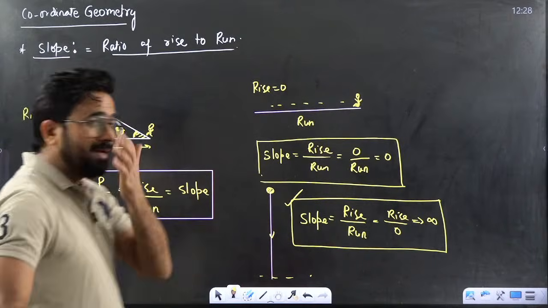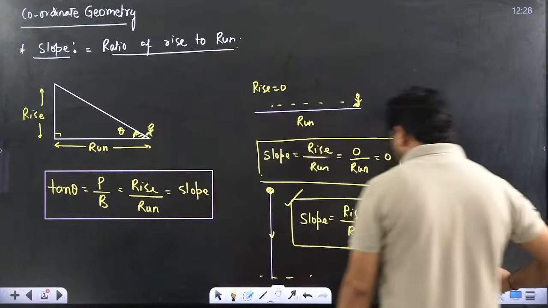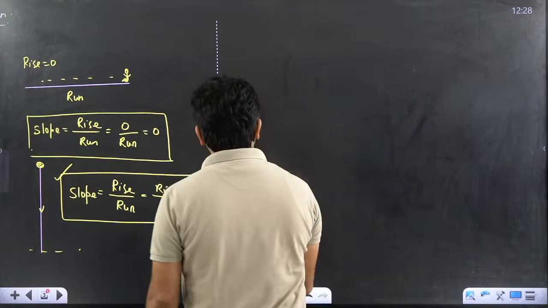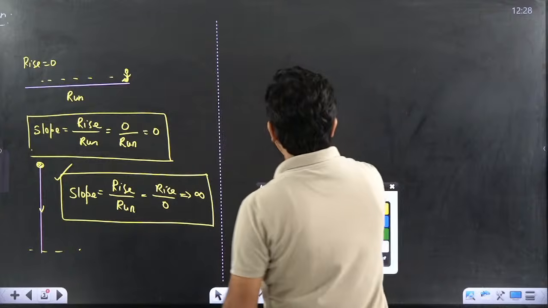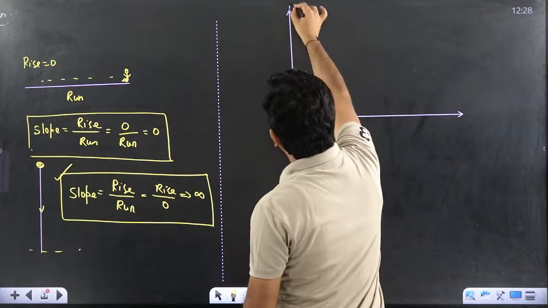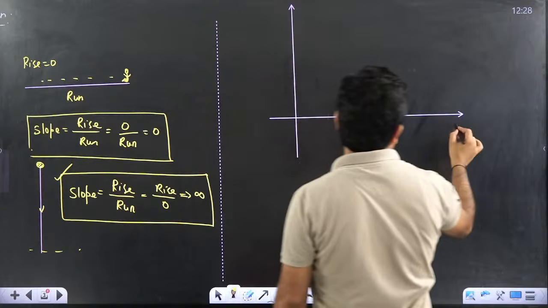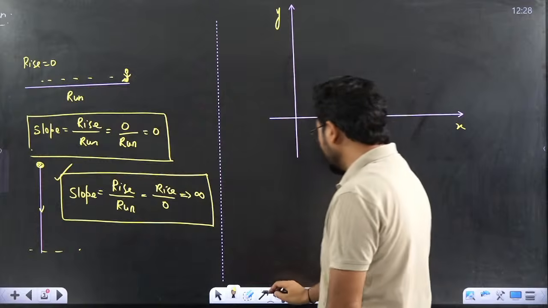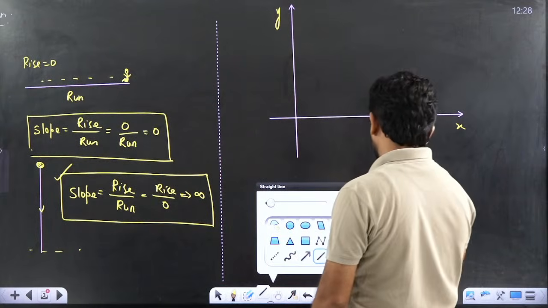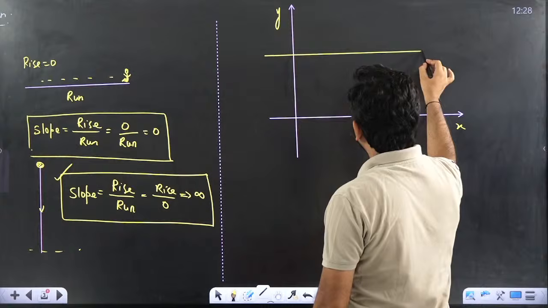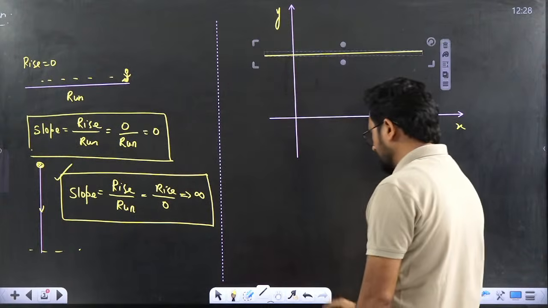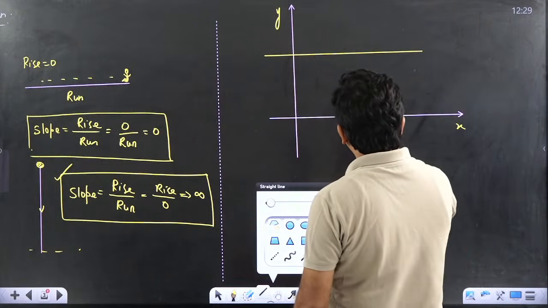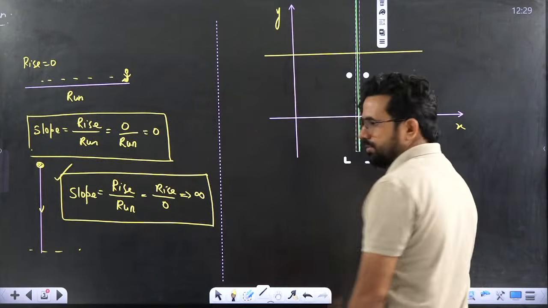This is clear. So what I am asking, very simple thing, if here I am drawing this coordinate axis, we call this the x-axis and this the y-axis. If I draw one line parallel to the x-axis, and another line perpendicular to x-axis, this is the second line.